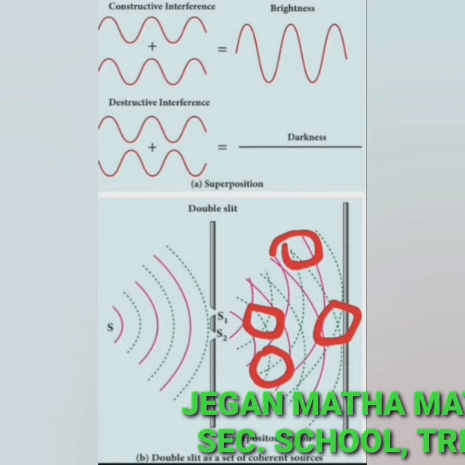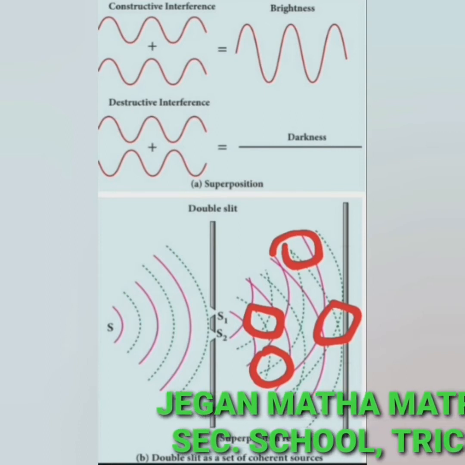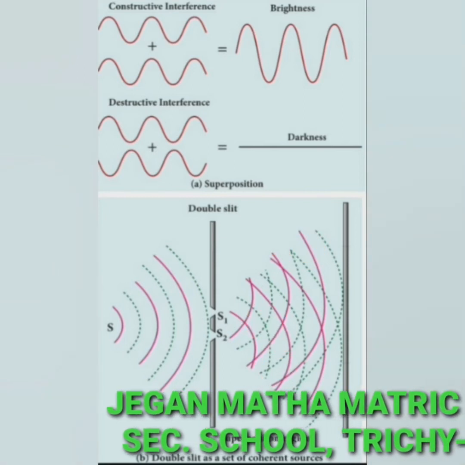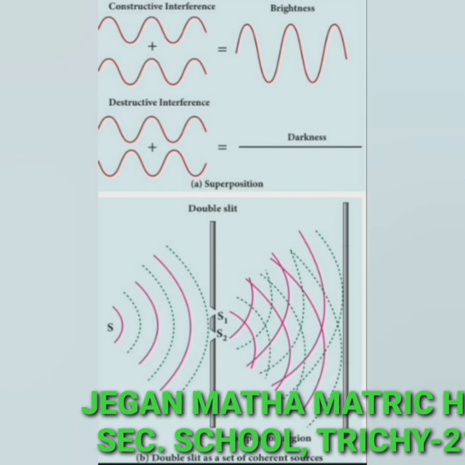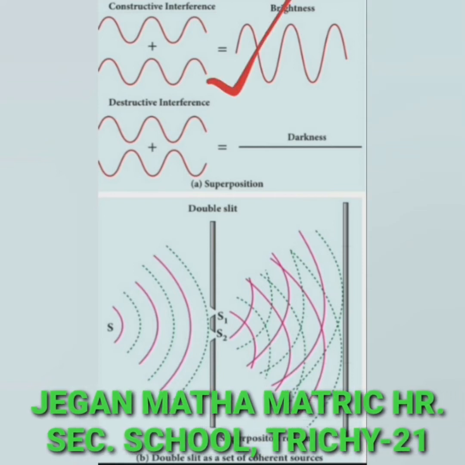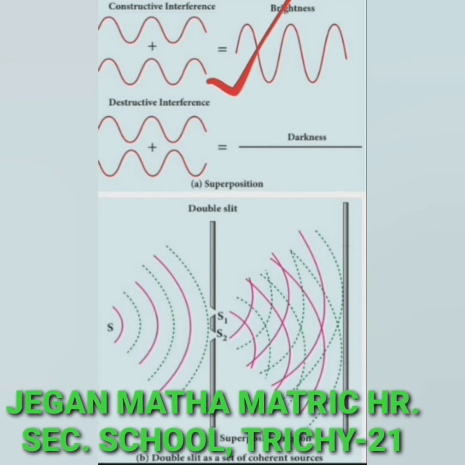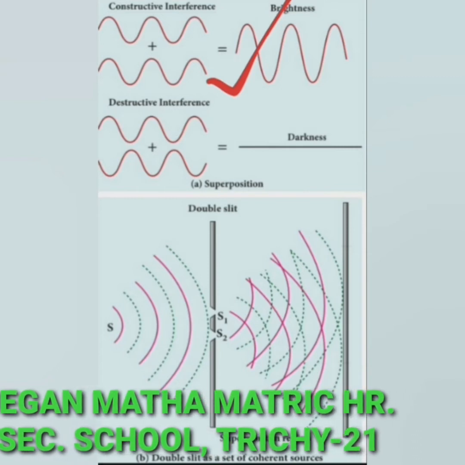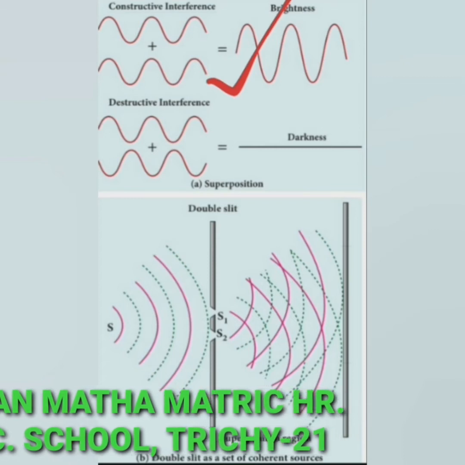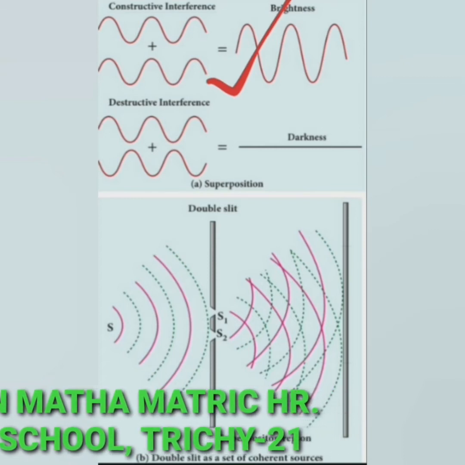So there also the waves are in phase, and constructive interference takes place at those points. Hence the displacement is maximum, because constructive interference takes place. And this point appears bright as a result of constructive interference.